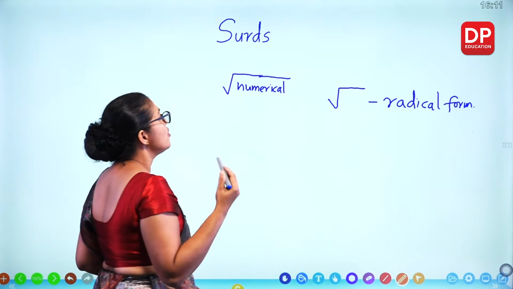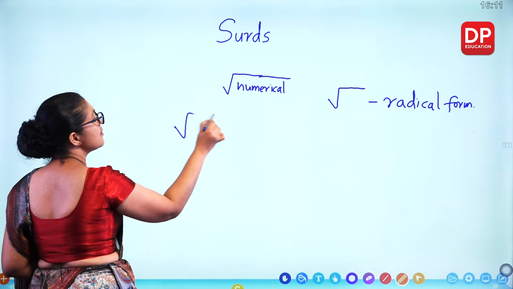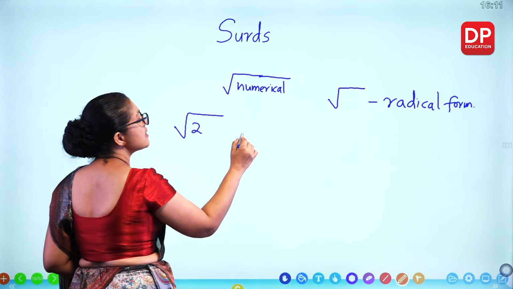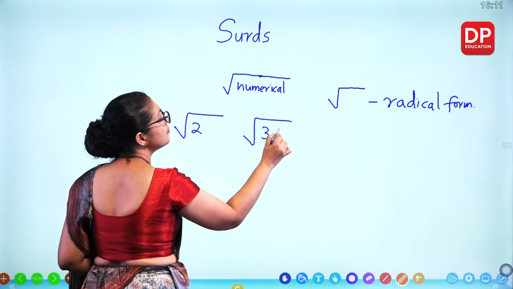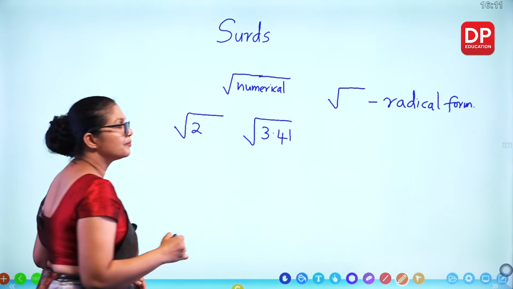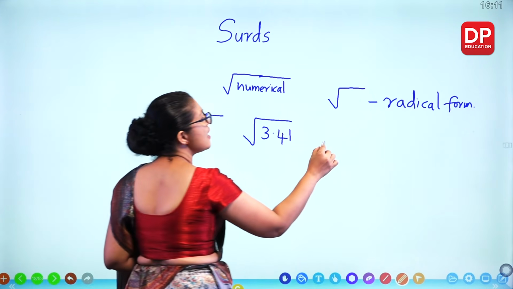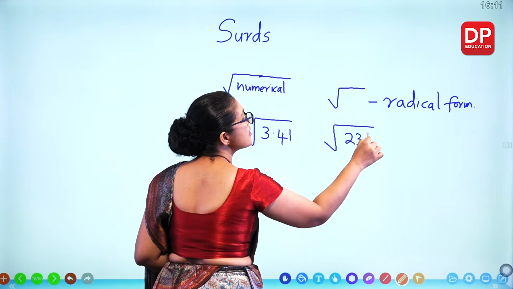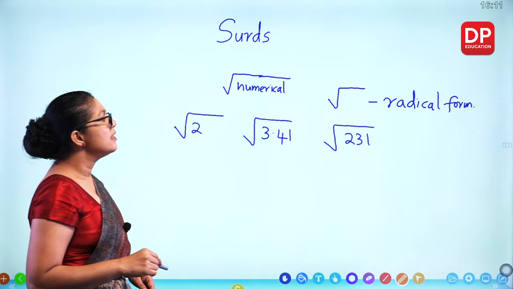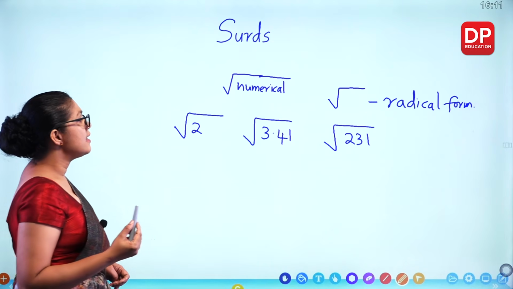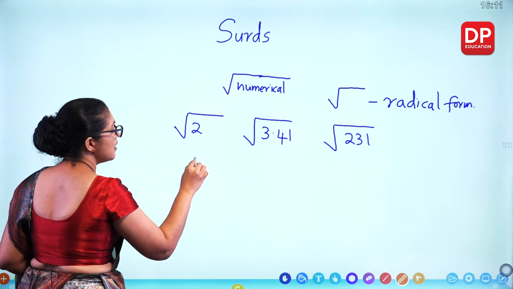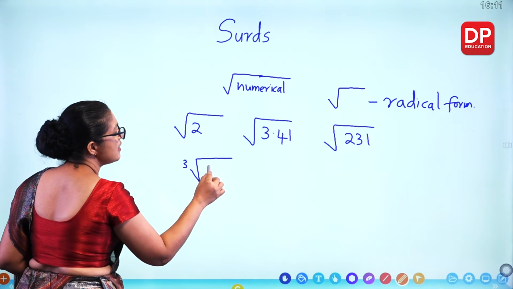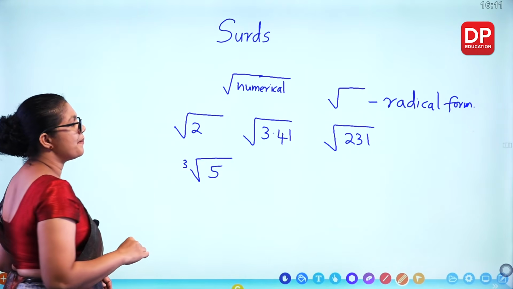So here you can get whole numbers, you can get decimals, you can get any number. We'll say 231, any whole number, or you can get radicals like this here, 3 outside, and you get any number here.